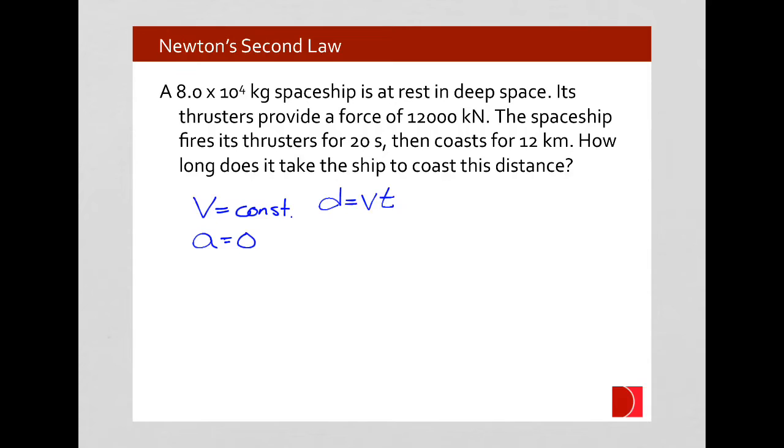Well, the velocity that it has when it begins coasting has got to be the same velocity that it has when it's done accelerating, when it's done feeling the force of the thrust from the engines. And so that means that we can treat this constant force as giving us a constant acceleration for 20 seconds. And thus we can treat it like a kinematics problem.